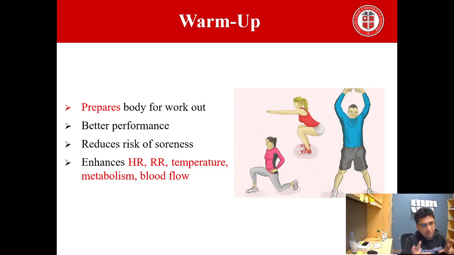Once we start moving our body, because of the phenomenon of redistribution, blood moves from some of the organs, for example our stomach or the GIT or the kidneys, towards the exercising muscles. And this phenomenon of redistribution helps in performing a good exercise program.